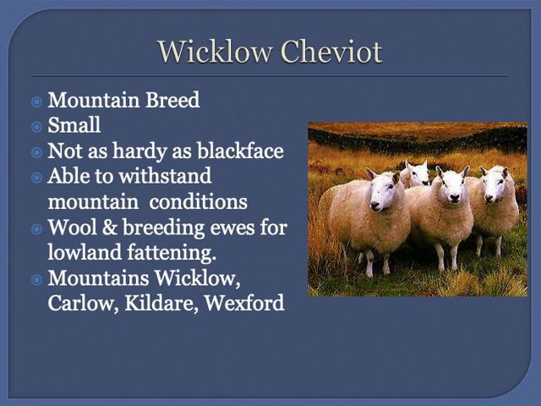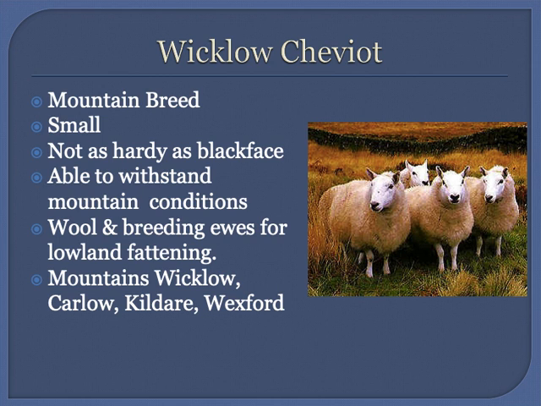The Wicklow Cheviot then. A bit of a misnomer there because the Wicklow Cheviot is actually from Scotland, and this one will be more popular over here on the east coast. It's the second of the mountain breeds. It's small and not as hardy as the Blackface, but it's still hardy enough.